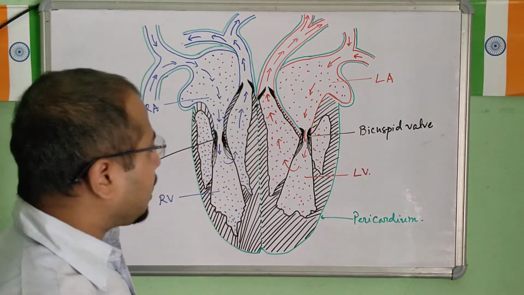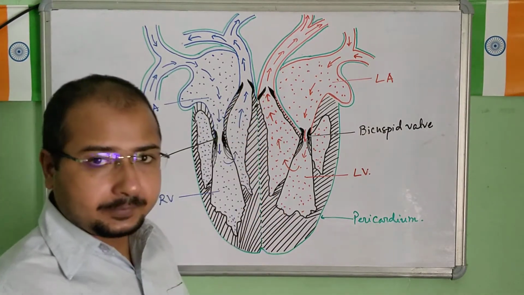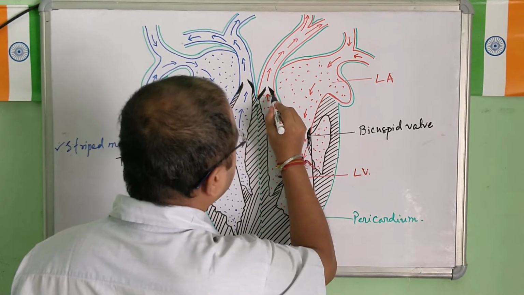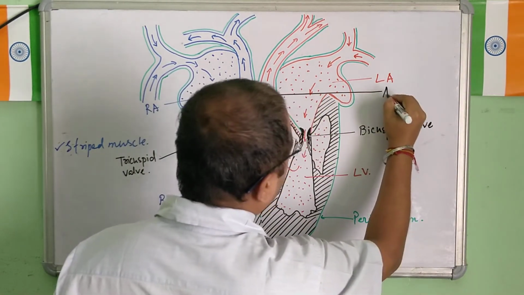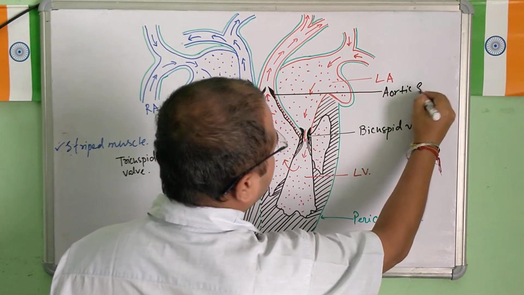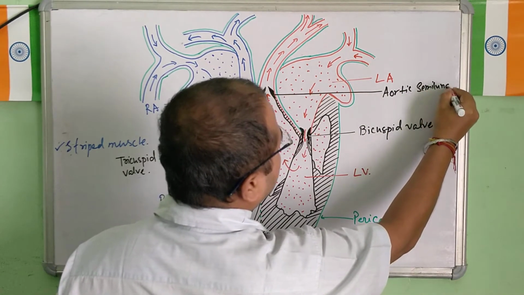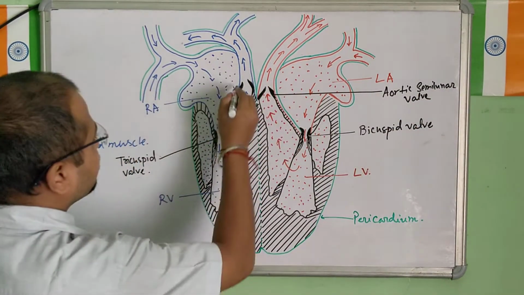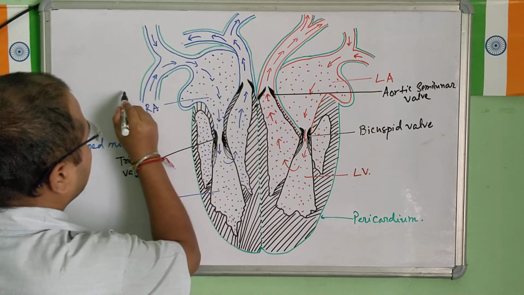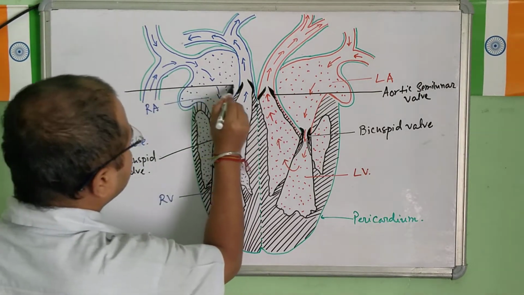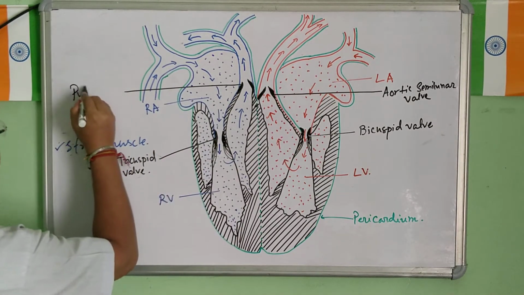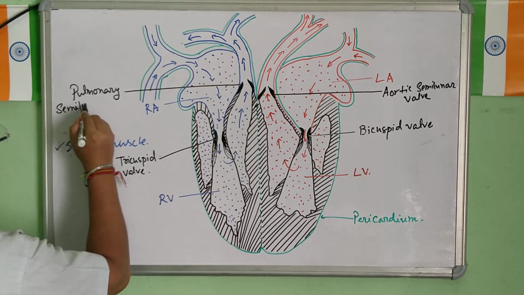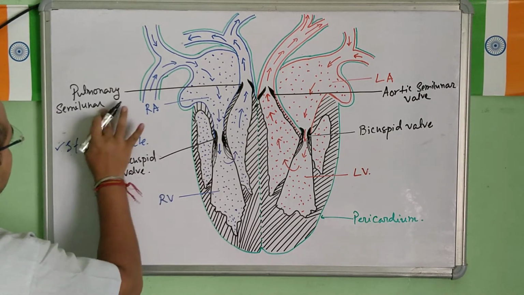Now, two more valves are present here. This one is known as the aortic semilunar valve, and this one is known as the pulmonary semilunar valve.